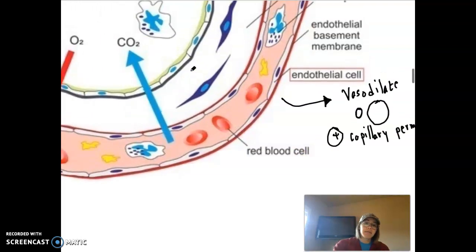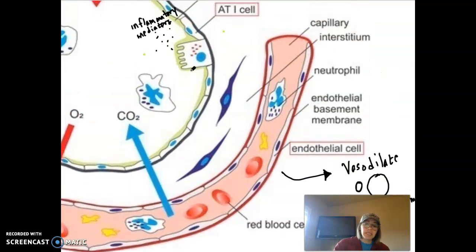Well, if we have increased permeability, there is a lot more fluid inside of our bloodstream than there is inside of our alveoli. And so it's going to move if it's got that increased permeability. In other words, these cells would spread out and they'd be able to squeeze through these holes, and we're going to now have it where fluid is going to rush into our alveoli.